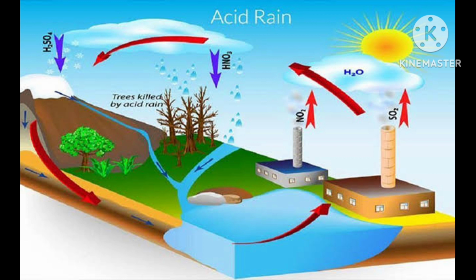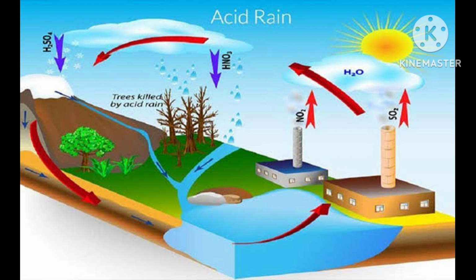SO2 and NO2, after oxidation and reaction with water, are major contributors to acid rain, because polluted air usually contains particulate matter that catalyzes oxidation.